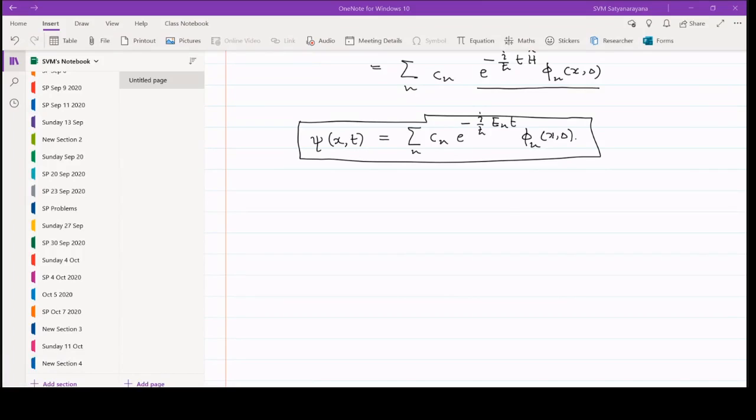Correct. But in an actual system, can we talk about the wave function being a sum of momentum eigenstates?